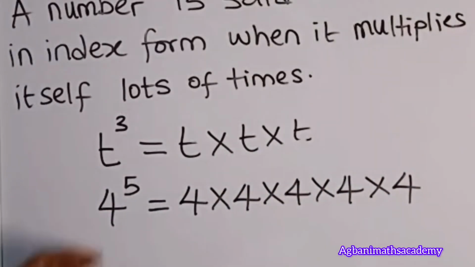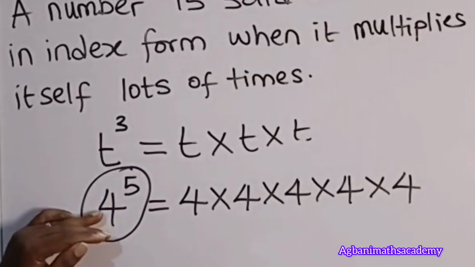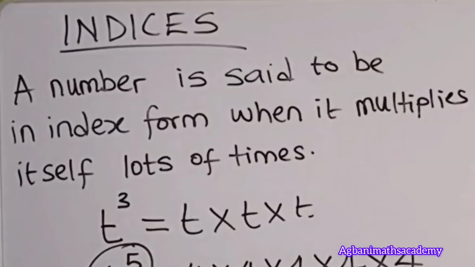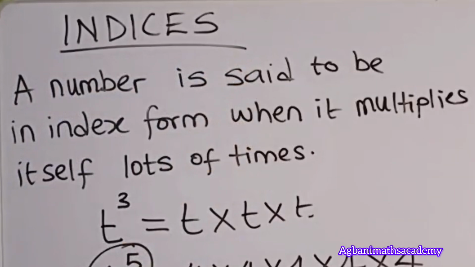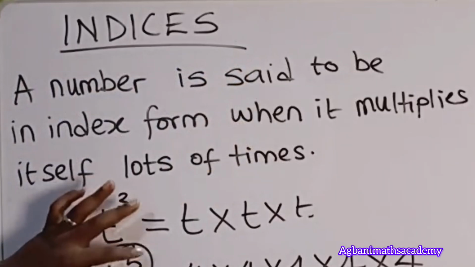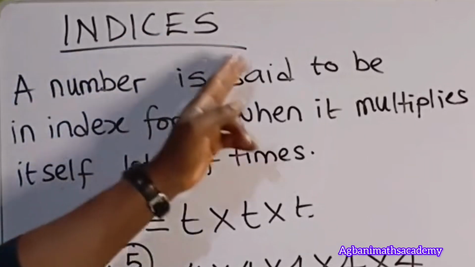When you have a number in index form, this number here is an index number. The plural of index is indices. So when you are solving questions that involve index numbers, you are solving questions on indices.